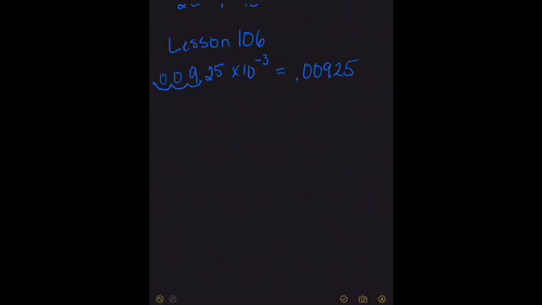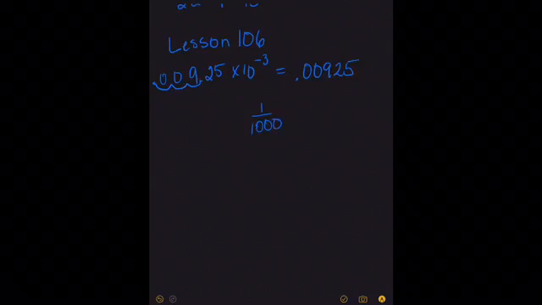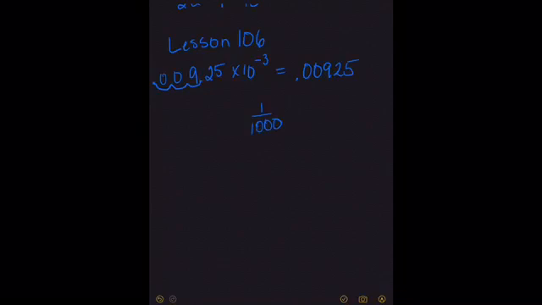So we've looked at these as moving the decimal to the left, which means we must be multiplying by what fraction? Well, we're multiplying by 1 over 1,000. That's how we end up moving the decimal point over to the left 3, because really we're dividing by 1,000.